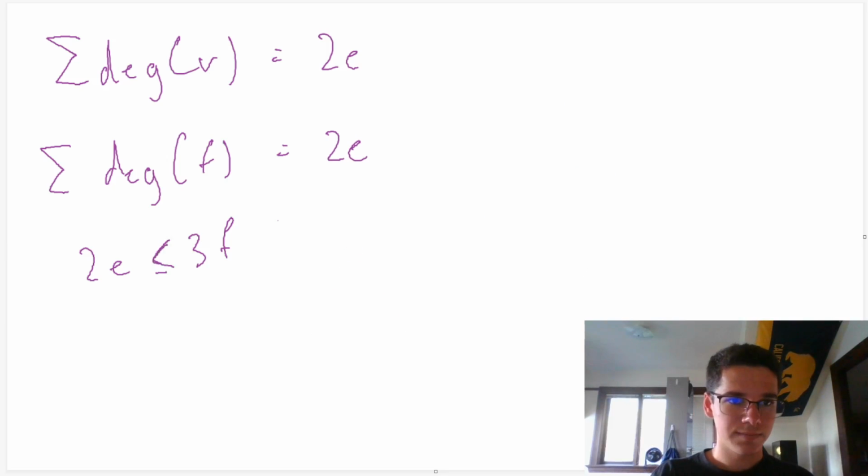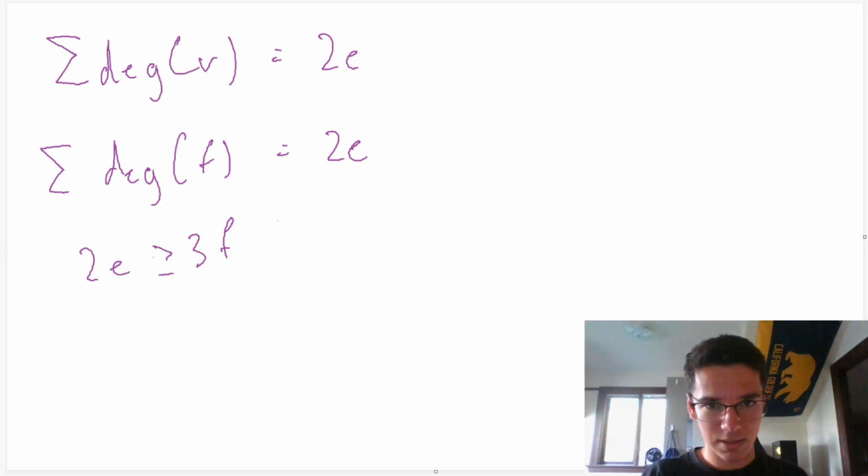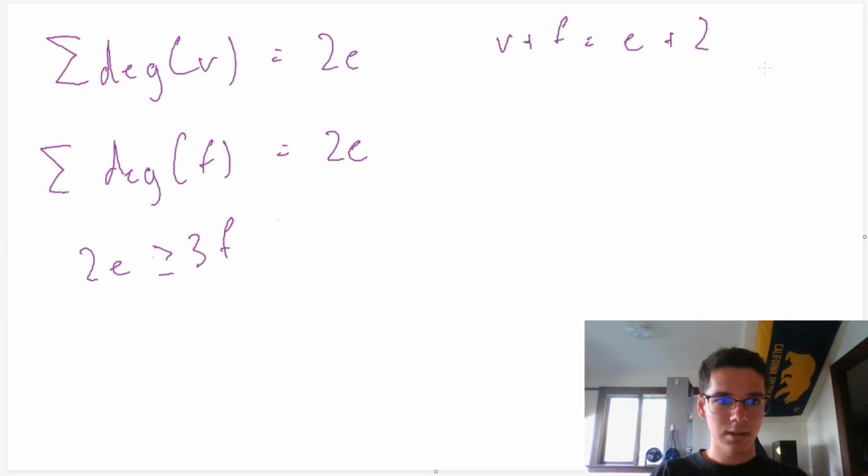From there, we're going to bring in Euler's theorem. They're all called Euler's theorem, but I think this one was like 5.1 or something, and we're going to say that V plus F is equal to E plus 2. If we remember, the original inequality we were trying to show was that E was greater than or equal to 3 times the number of vertices minus 6.